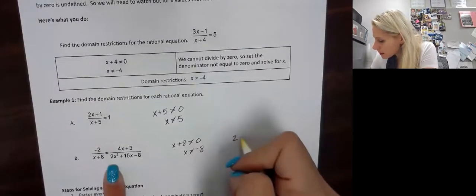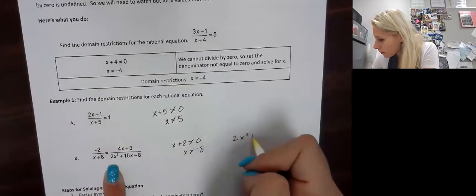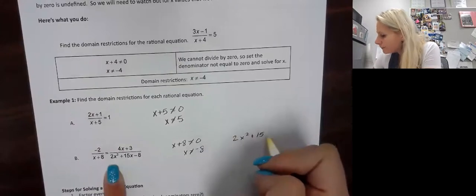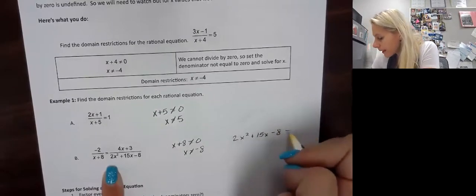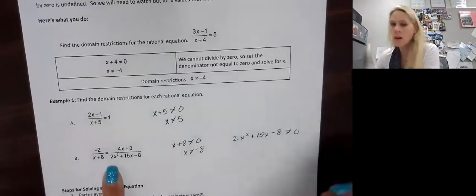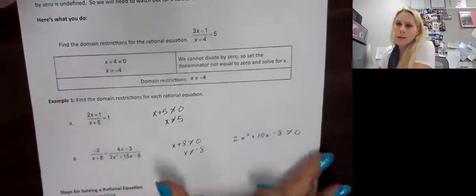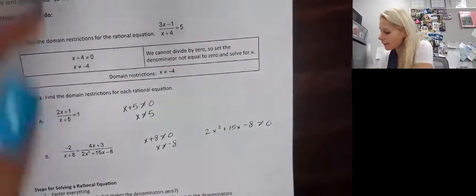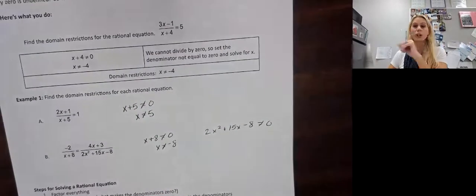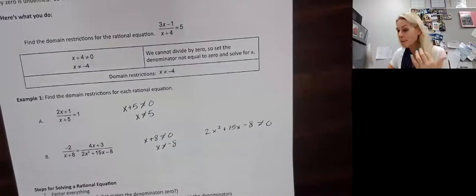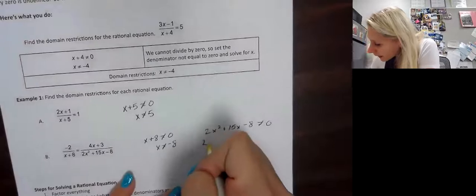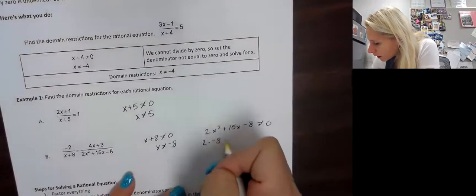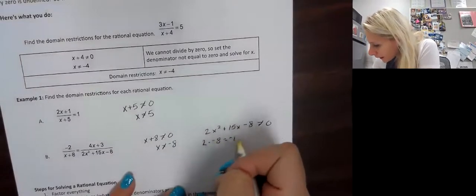So we have this 2x squared plus 15x minus 8 cannot equal 0. Well, how do we do this? This is factoring. I'm going to factor a little bit so we get back in the habit. So let's see. A times C is negative 16.